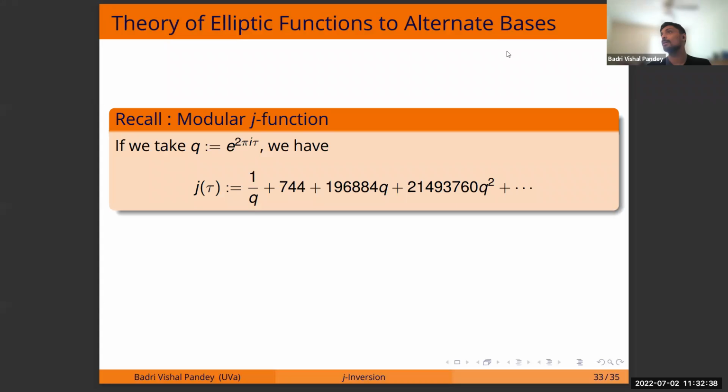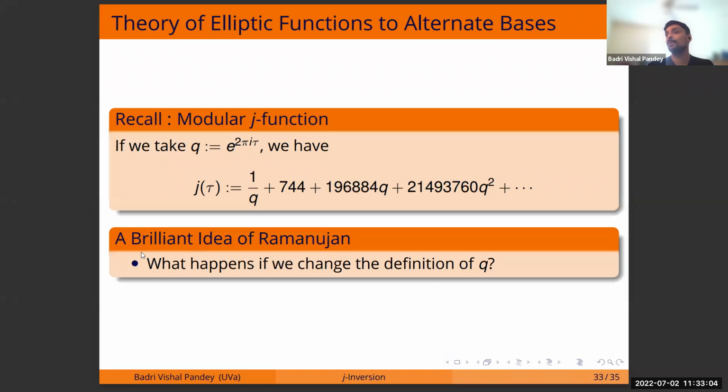This alternative base actually comes from a brilliant idea of Ramanujan. Recall that if you have q equal to e to the power 2 pi i tau, which means you are looking at the Fourier expansion of j, then j had this formula: 1 upon q plus 744 plus this factor plus whatever. And this 1 upon q gives you a pole at infinity.